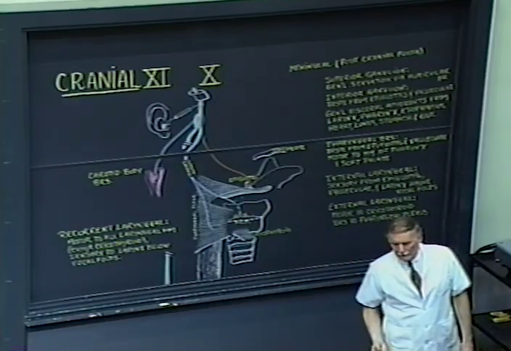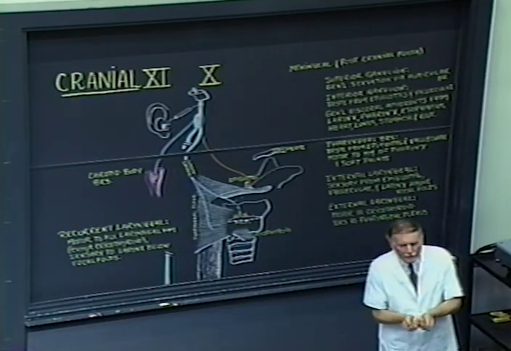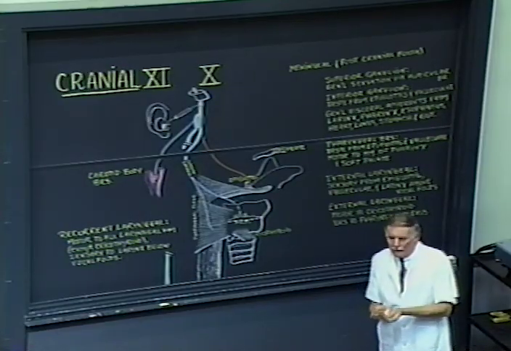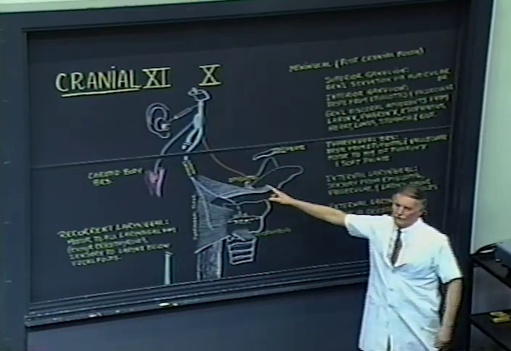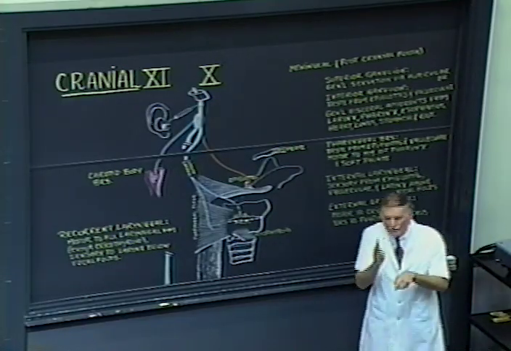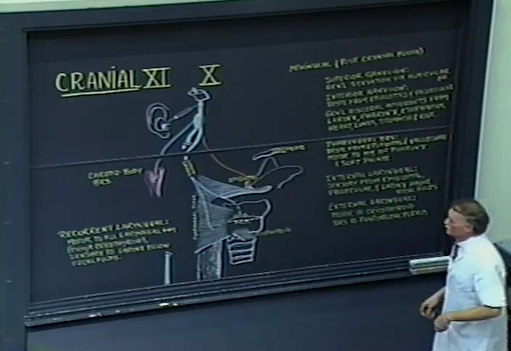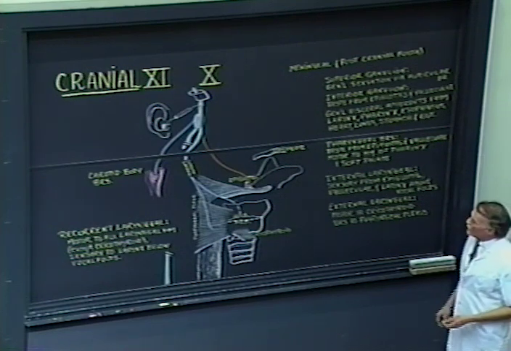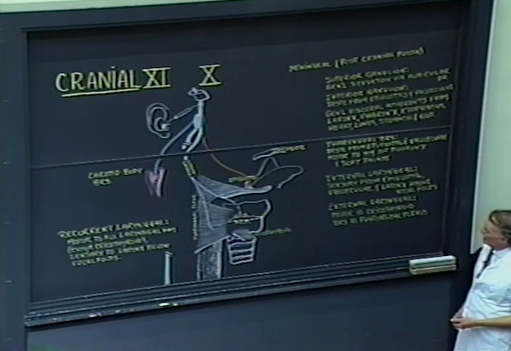The valleculae are two tiny little pockets in the tongue, just in front of the epiglottis and on either side of the glossoepiglottic midline fold. So there are the taste fibers.